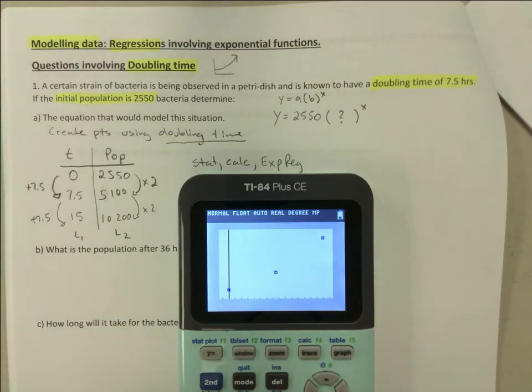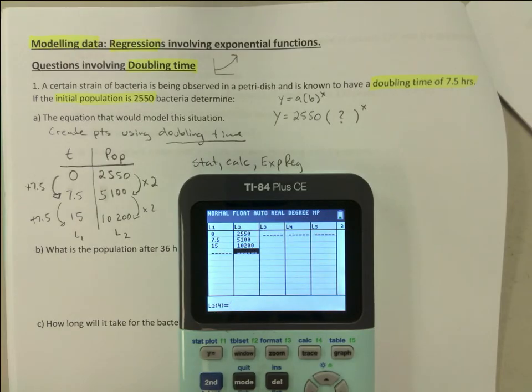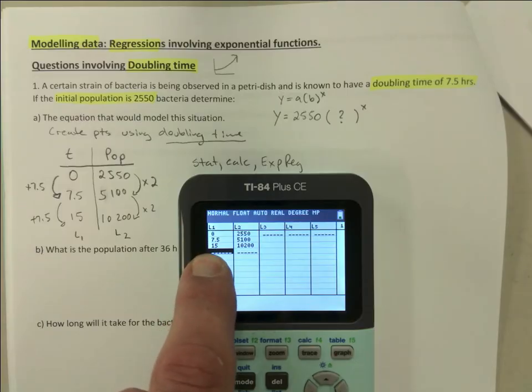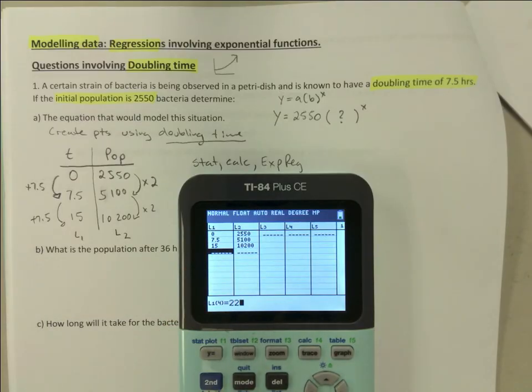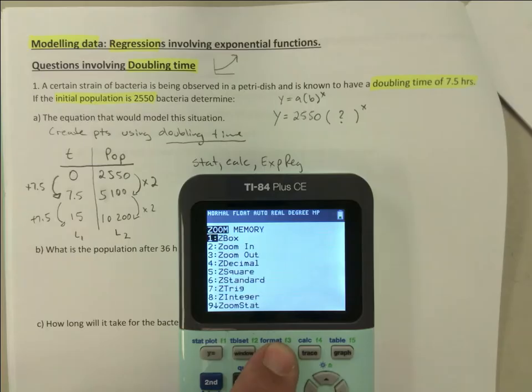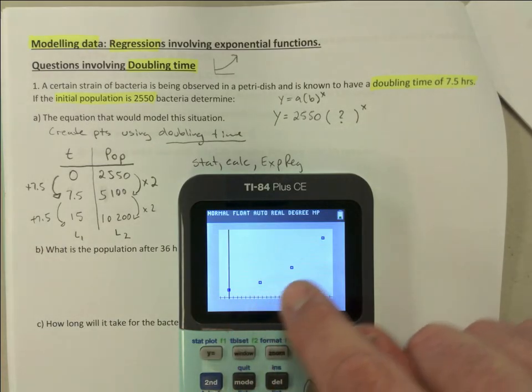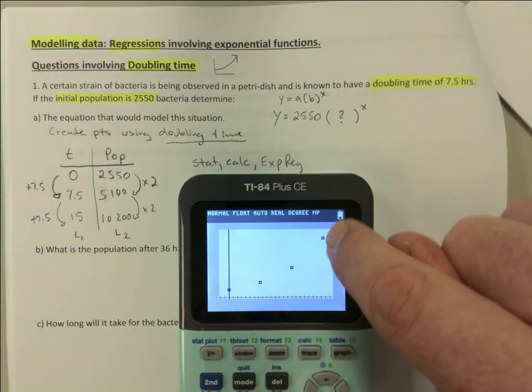Let me try this here for you. I'm going to do stat edit. I'm going to do this one more time. What's 15 plus 7.5? 22.5? And what's double 10,200? 20,400? If I did a zoom stat now, including that extra point, now you see a bit more of a curve.